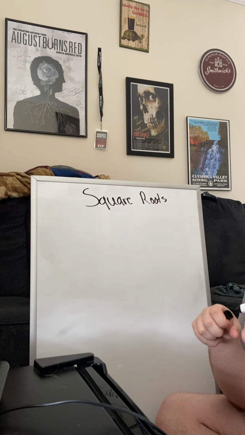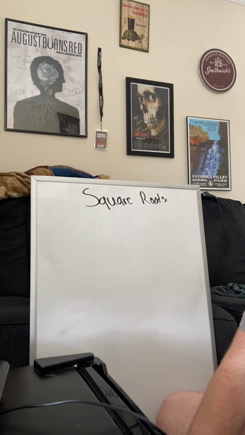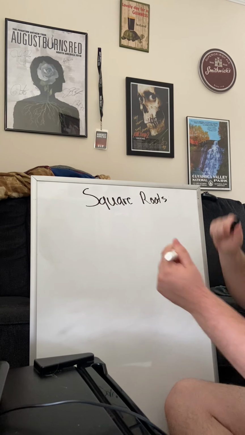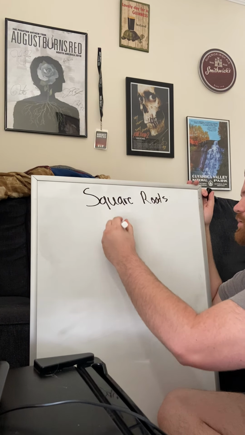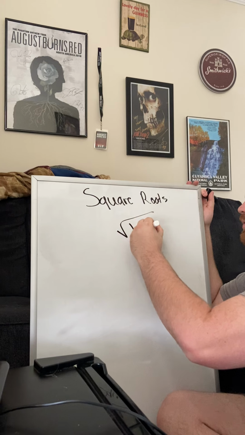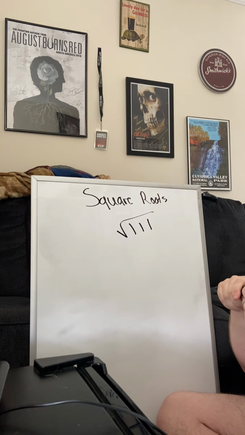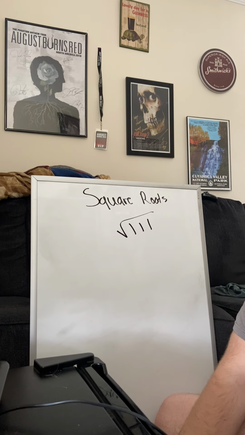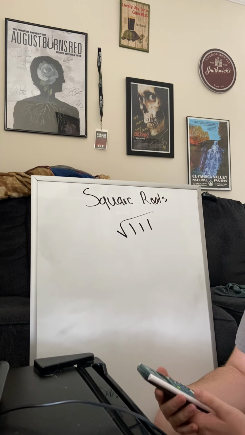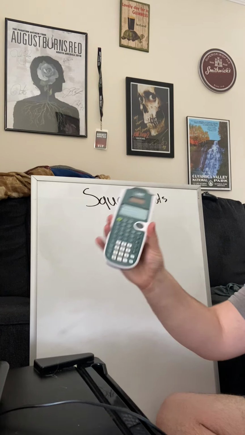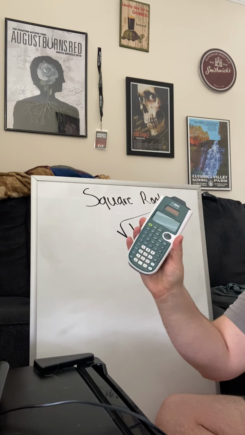So, let's say I have a number like 111. Off the top of my head, I do not think there is a number that goes in perfectly times itself to make 111. So what I'm going to do is use your GED calculator. Now pay attention to this.